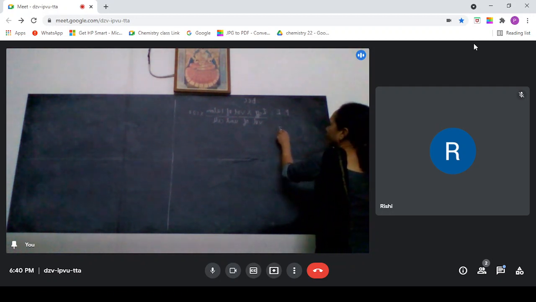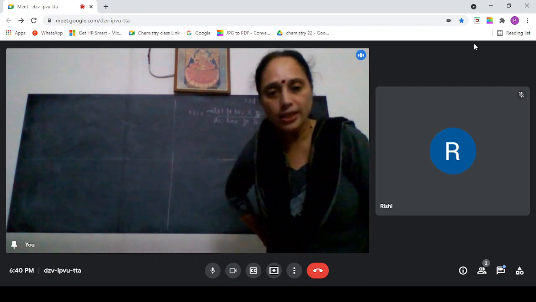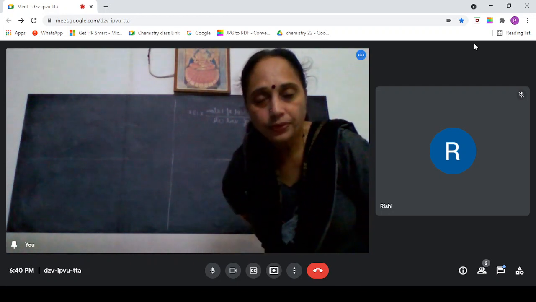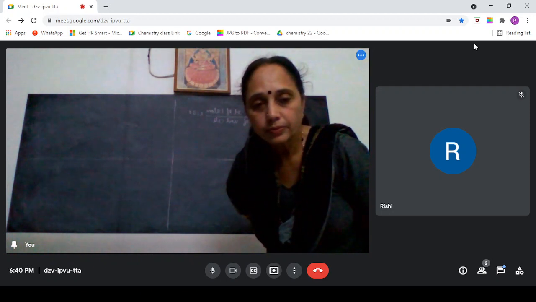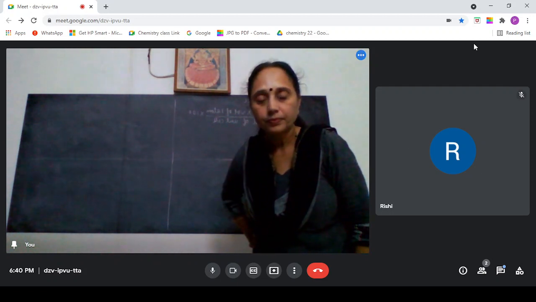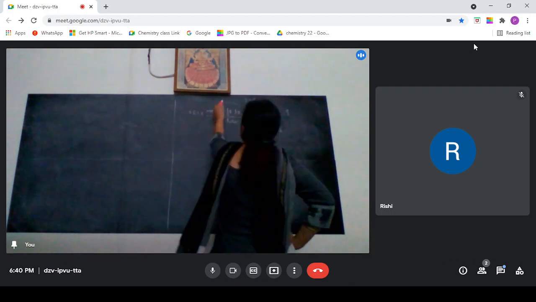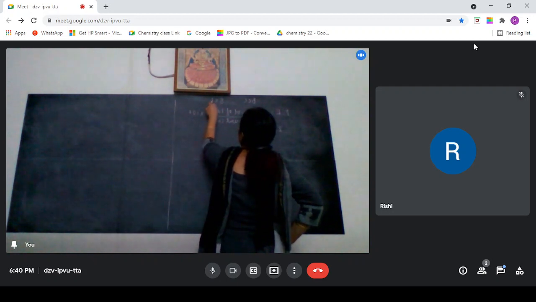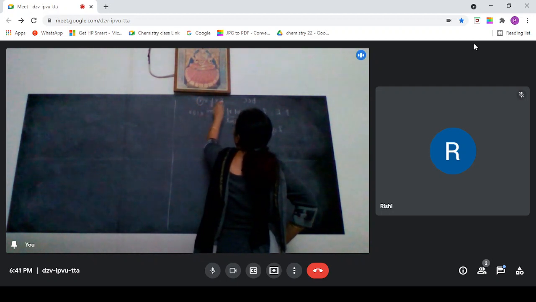What is Z effective for body centered? For body centered, 8 into 1 by 8 plus 1, that is the center particle will contribute completely.